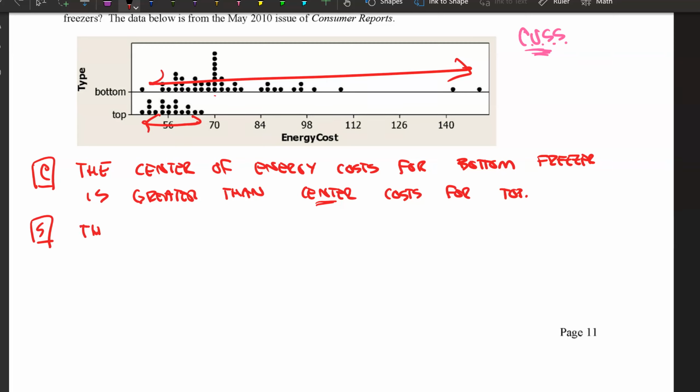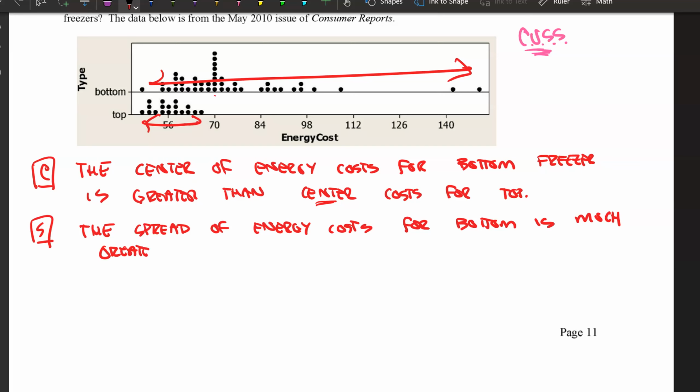So the spread of energy costs for bottom is much greater than for top. Okay, so again, I kind of shortened this up here a little bit, right? I didn't say then the spread of energy costs for top, but I think that's okay.